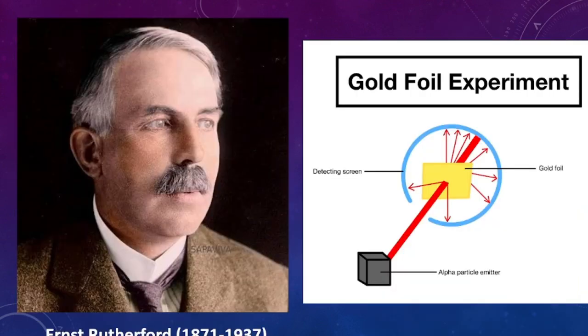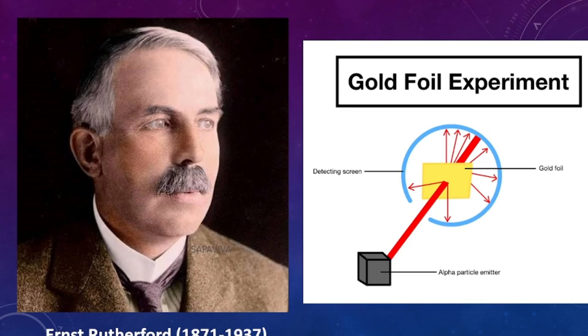After this, Rutherford conducted an experiment. The setup was designed by Rutherford along with his two assistants, Hans Geiger and Ernest Marsden. They designed the experiment where a stream of alpha particles is directed at a very thin sheet of gold foil.